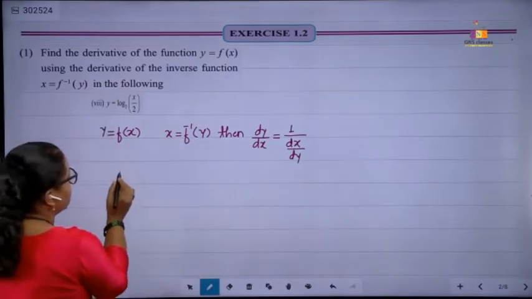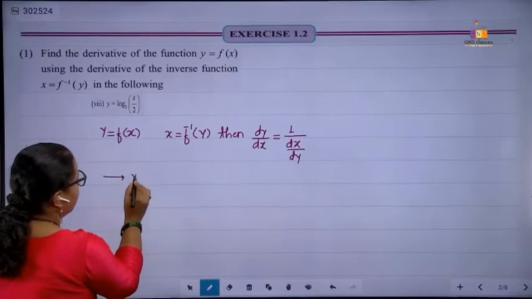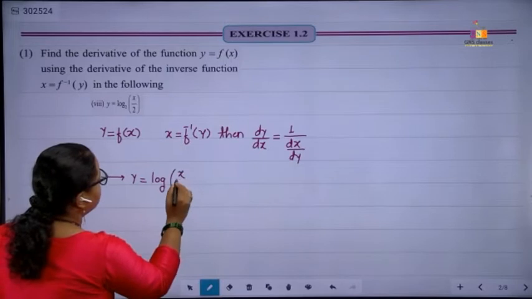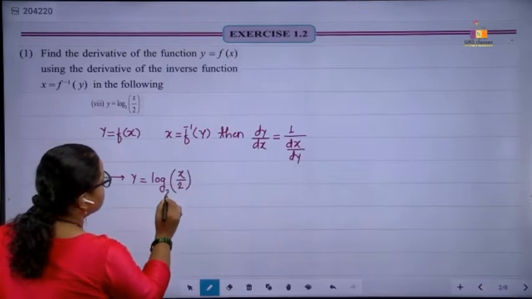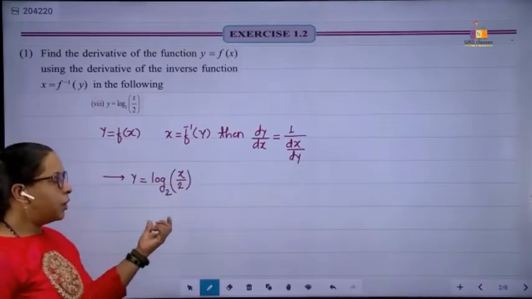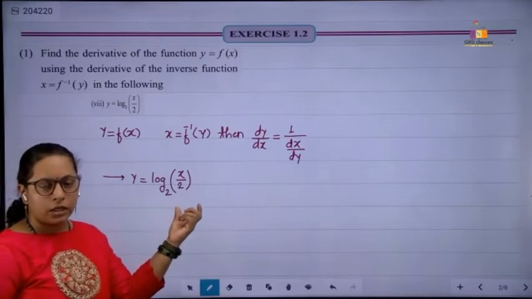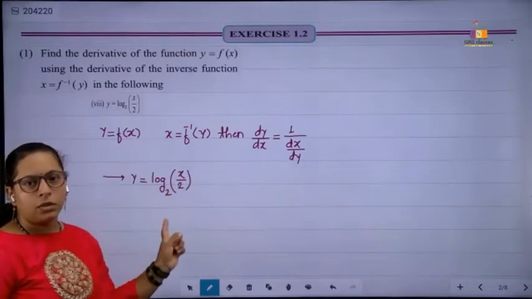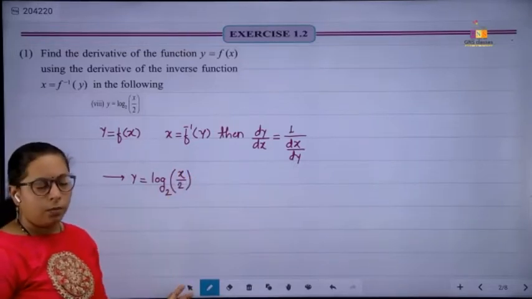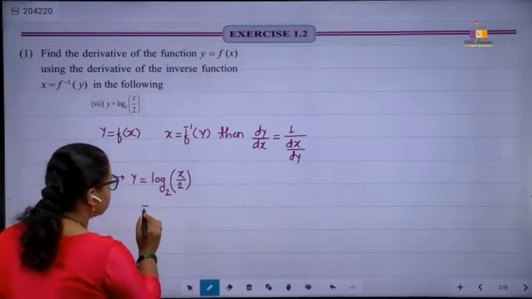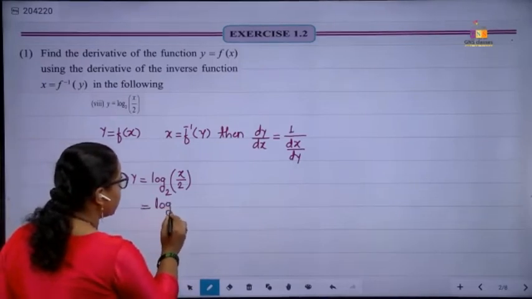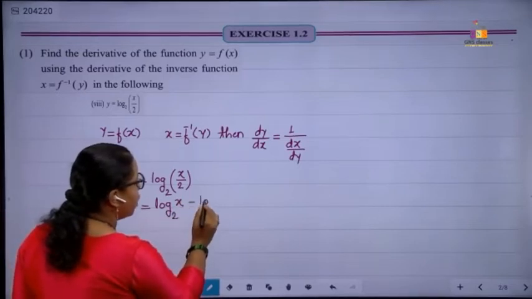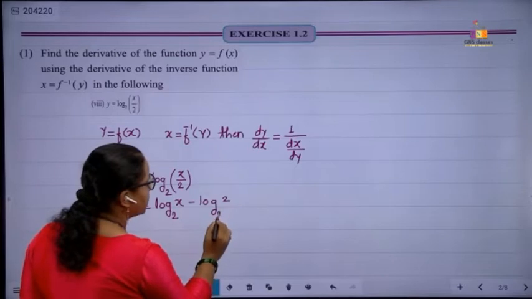Then y is equal to log of x upon 2 to the base 2. First of all, we have to use rules of logarithm. Rules of logarithm says that log of a upon b is equal to log a minus log b. Using this rule, we get log x to the base 2 minus log 2 to the base 2.